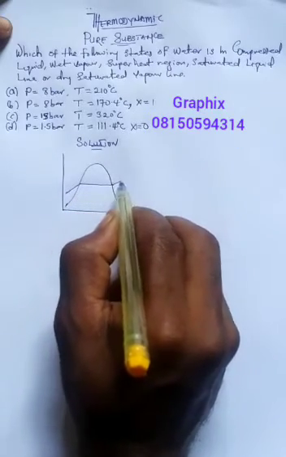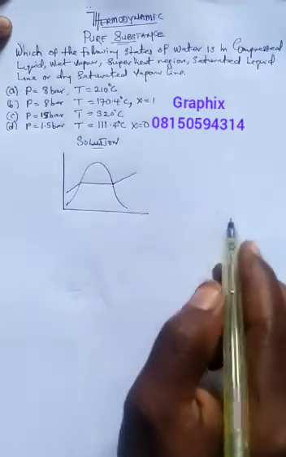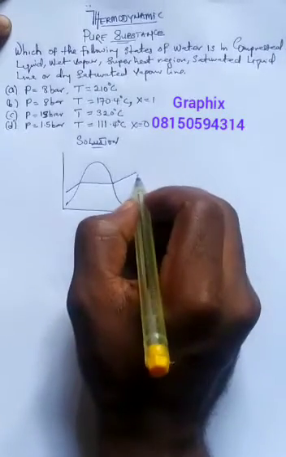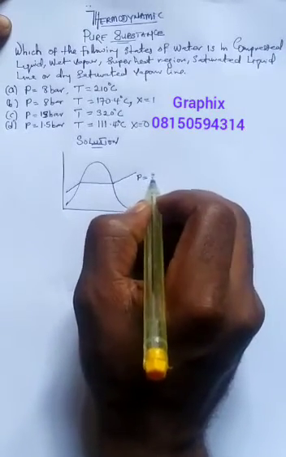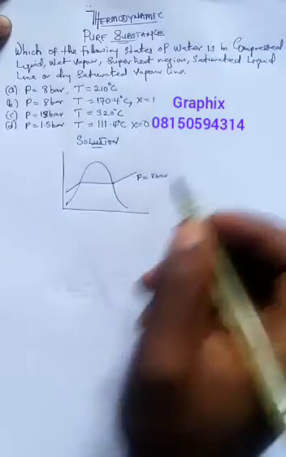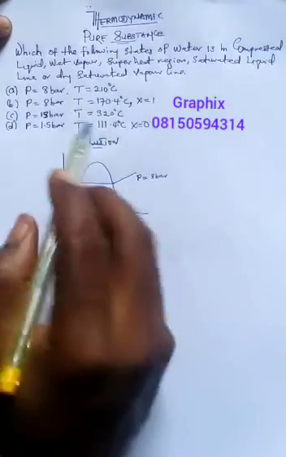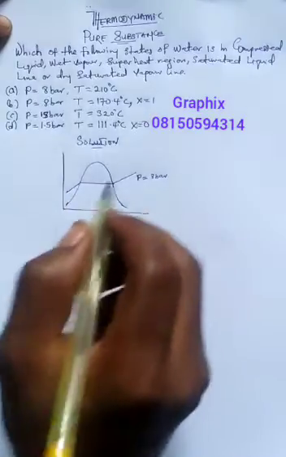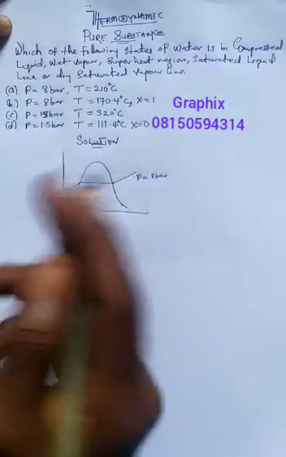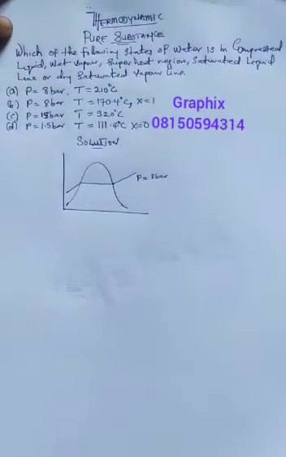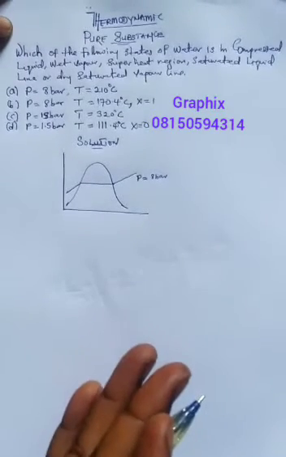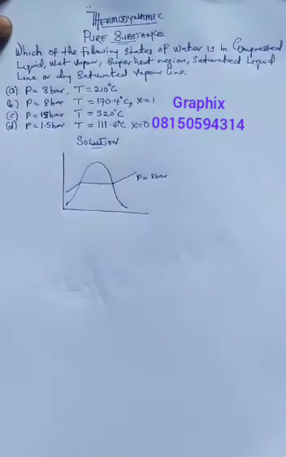It's telling us our pressure is constant, and that is 8 bar. Are we good? Now we know that at this point here, the pressure is 8 bar and the temperature is 210. Now we don't know if the temperature is saturated or superheated, right?